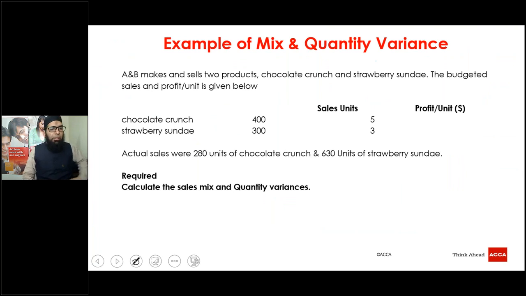Yes, Umar, you can prepare the same format in the paper-based exam, but of course you don't have the option to copy and paste, so you have to do all your calculations manually. As far as the calculation aspect is concerned, there is no difference between the paper-based exam and the CB exam. It is the process that is different, the way to solve the question.